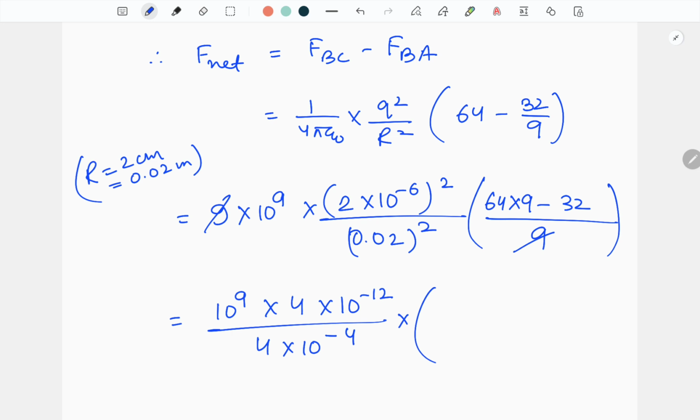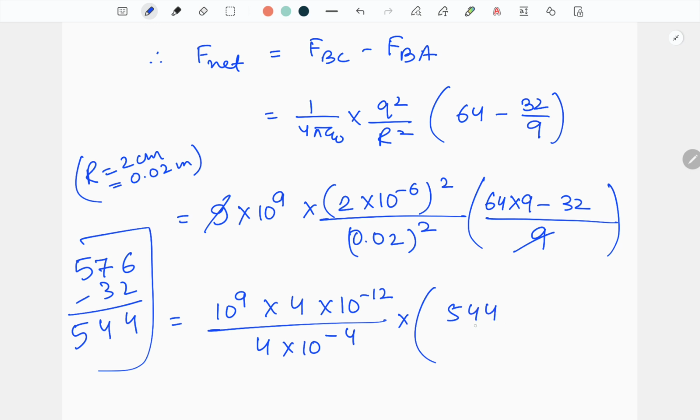And here, 9 4s are 36, 9 6s are 54, 54 plus 3 is 57, and minus 32 becomes 544. Okay, 544 by 4, so 4 and 4 get cancelled.